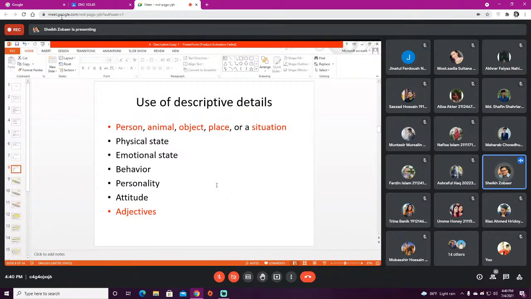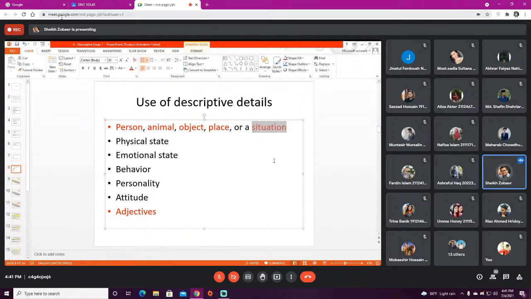So whenever you're describing something, what do I mean by something? That means you have to identify, or at least know, what are the things that can possibly be described. Usually in English 103, you will be asked to describe either a person or an animal or an object or a place. And sometimes it could be a description of a situation or an emotional state, but this is a bit rare, I would say.